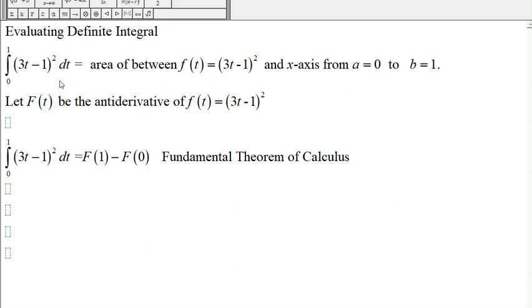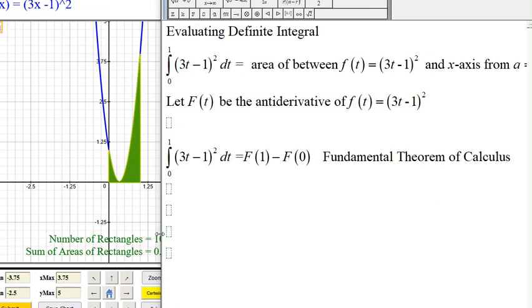To find it, we need the antiderivative of f of t. Let's look at the graph first. This is the graph of 3t minus 1 squared, and this is the area from 0 to 1.